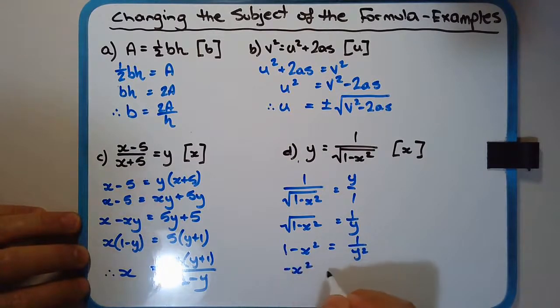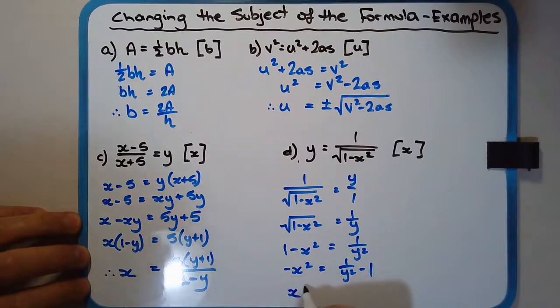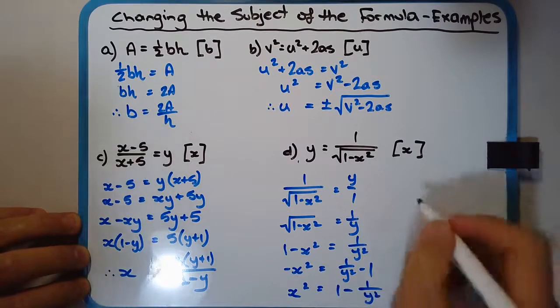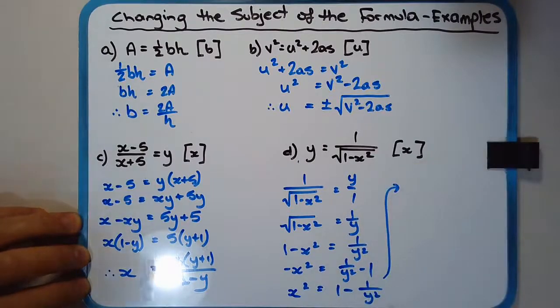So negative x squared is equal to 1 on y squared minus 1. Then we're going to multiply both sides by negative 1. So x squared is equal to 1 minus 1 on y squared.